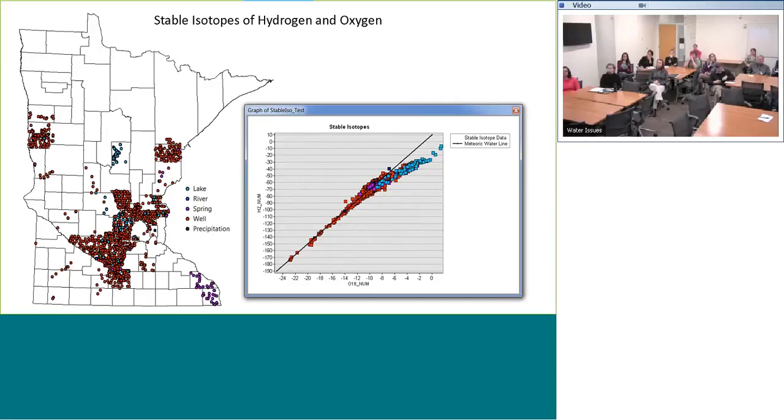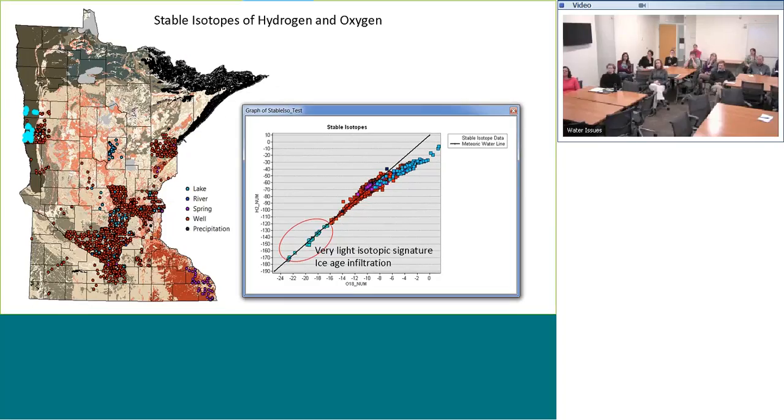So we have a map that's been published between the DNR and the MGS of areas prone to karst that's just really high sensitivity. We have bedrock at or near the surface. In those areas, we don't calculate the travel time because bedrock's right at the surface. And then in the north central part of the state, there's the peatlands that are very, very dense and have very, very high water table conditions. We also have an overlay to indicate those areas as well.